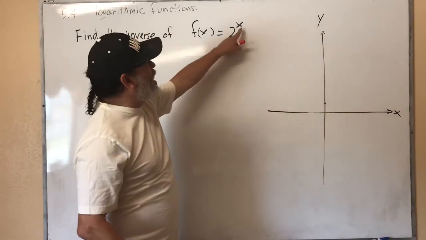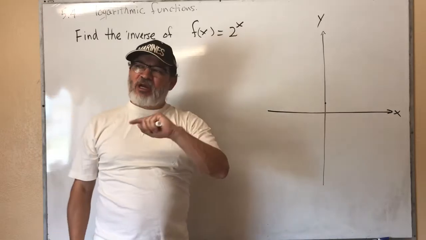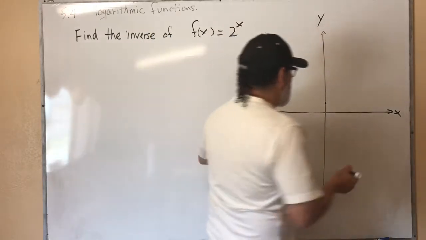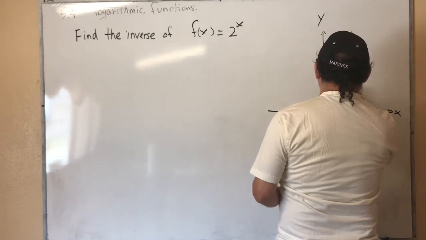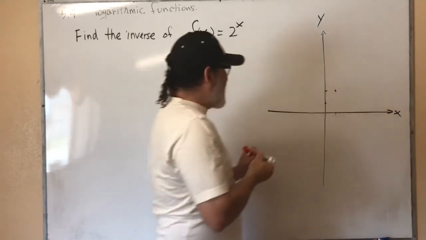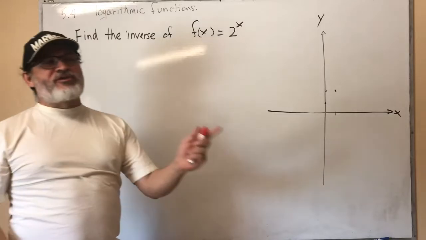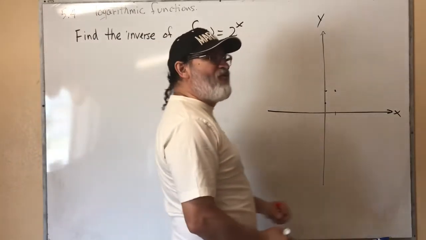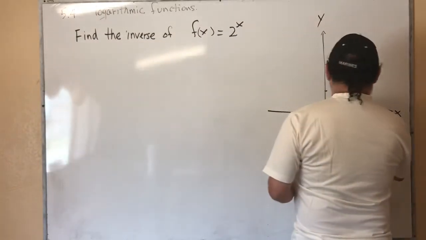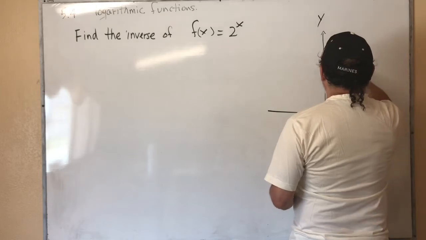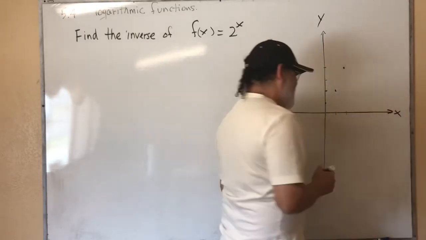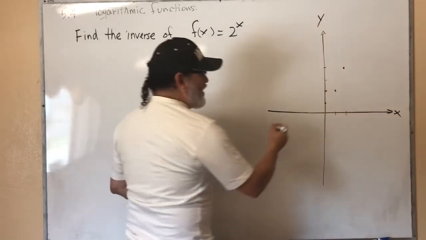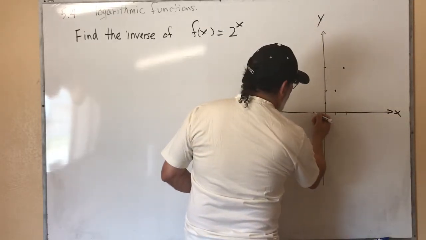Let x be 1. What's 2 to the first? 2. Let x be 2. What's 2 to the second? 4. Let x be negative 1. What's 2 to the negative 1?